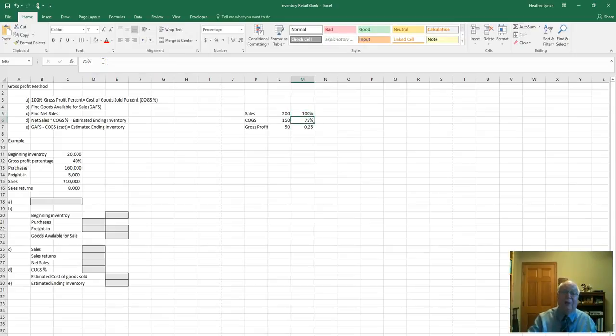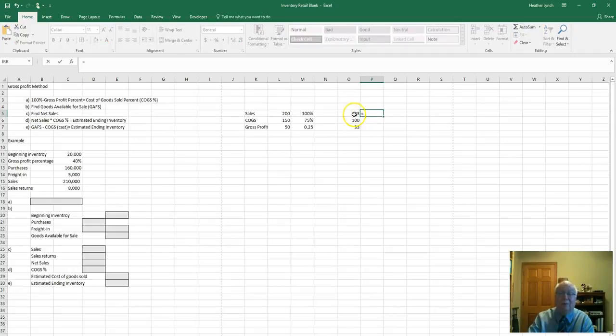Now the key on this though is to make sure that the percentage is a gross profit percentage, not a percent of cost of goods sold. Because let's say this was 100%, and let's say this one was 33%, that makes this one up here 133. To get the percentages you want, divide everything by 133.